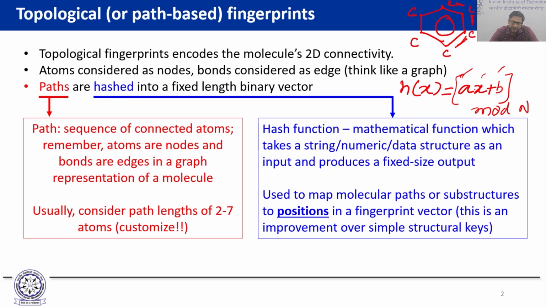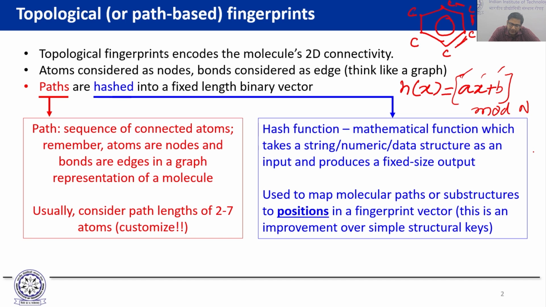Many times what happens is people try and break down the string values of your input into the corresponding ASCII codes of those alphanumeric terms, and then those ASCII codes get added, and then it's a modulo of some sort of a prime number, and whatever remainder you get, that is the hash output. So that is how the hash function works.